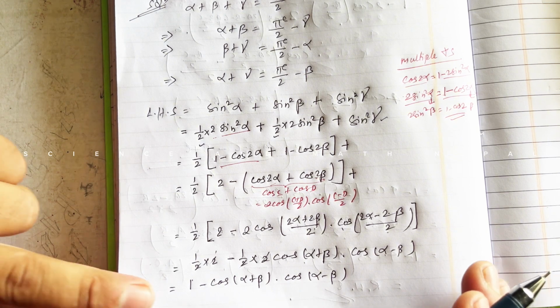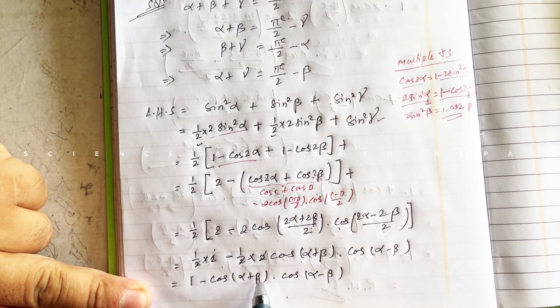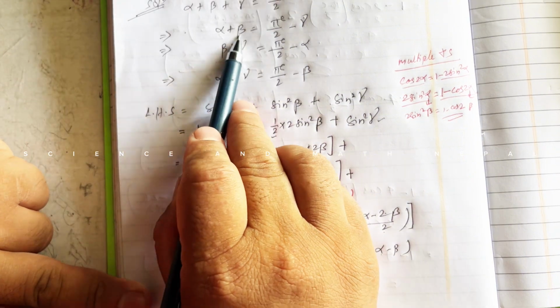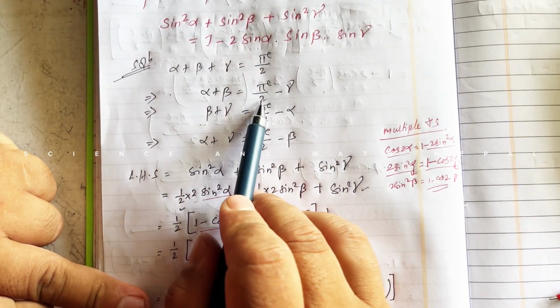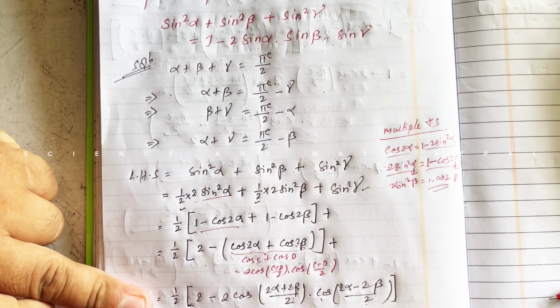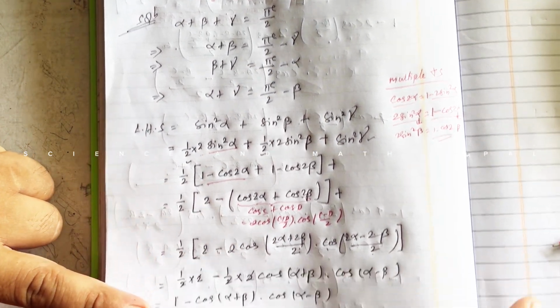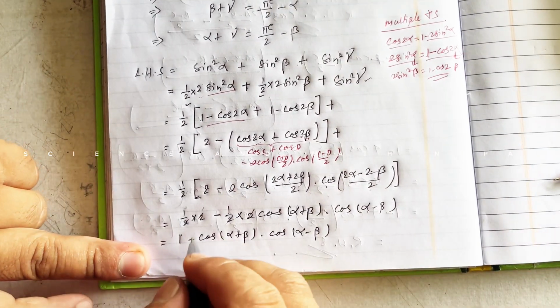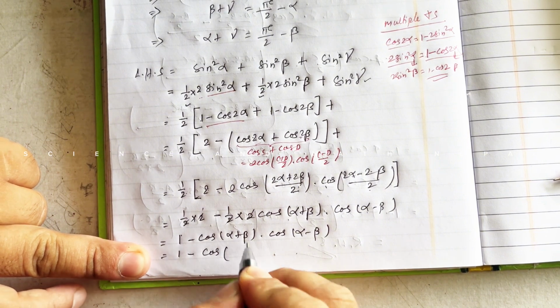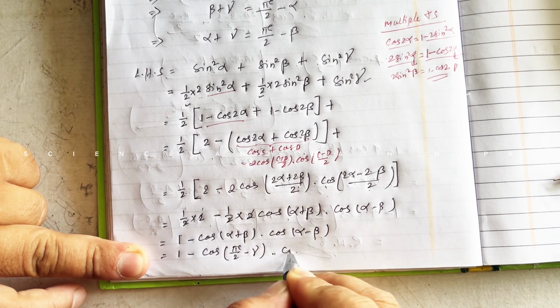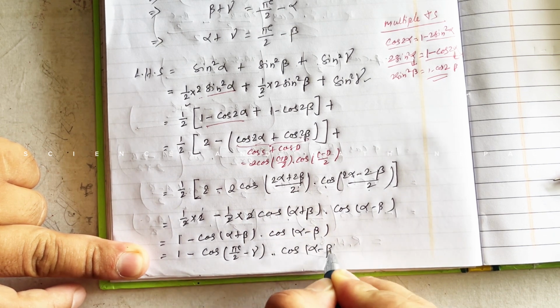We know that alpha plus beta is pi radian by 2 minus gamma, right? So 1 minus cos, in place of alpha plus beta, pi radian by 2 minus gamma can be written, into cos(alpha minus beta).